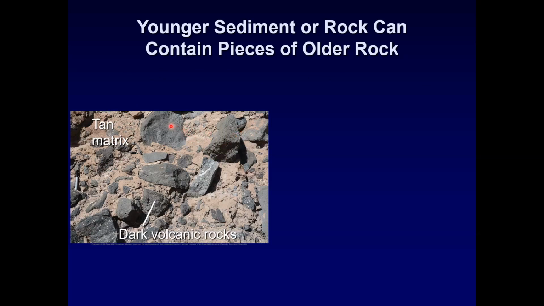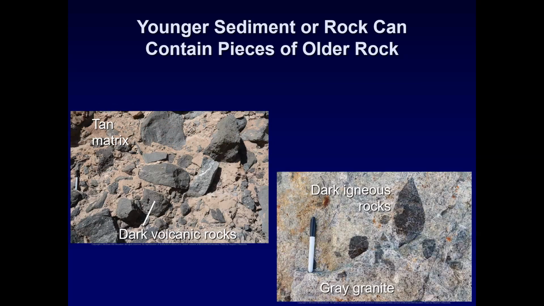So in this case, the volcanic rock is older than the tan matrix. And in this photograph, we have a light colored granite containing fragments of dark colored igneous rocks. Those got included in the magma that solidified, and they're older than the later magma that solidified into the granite we see now.